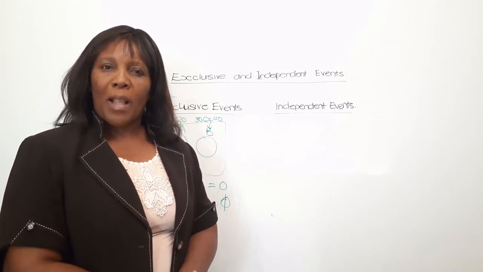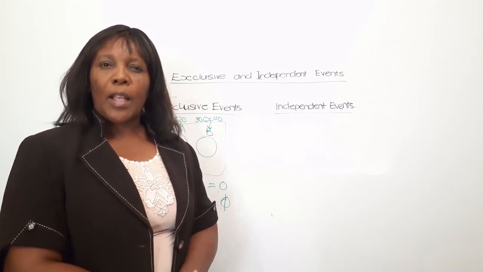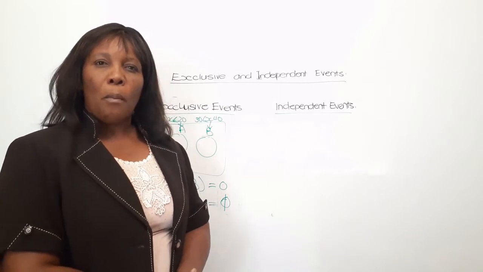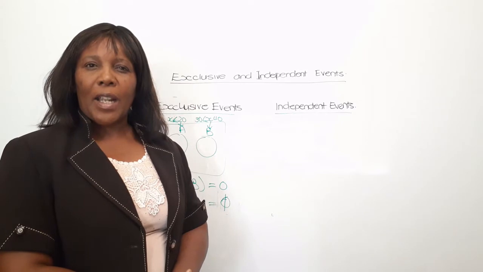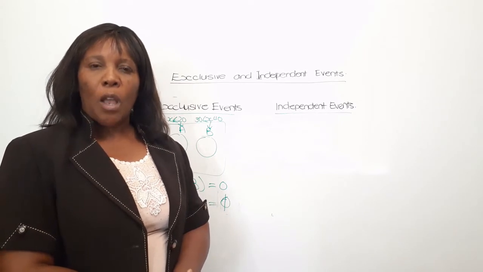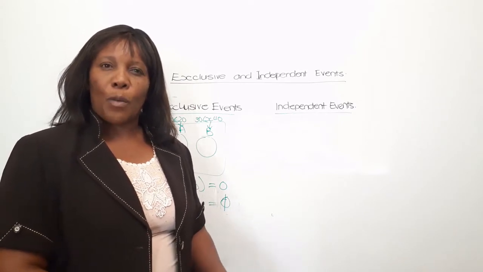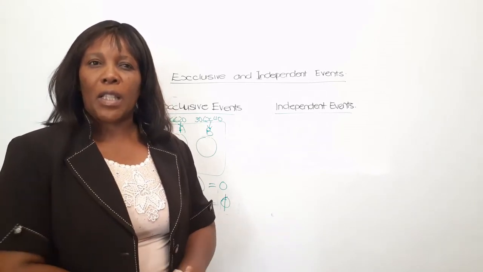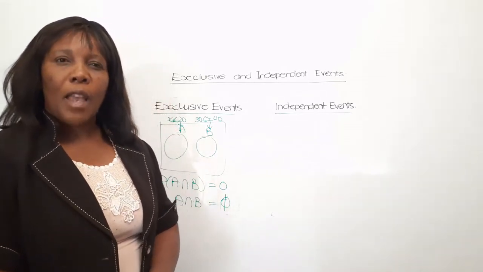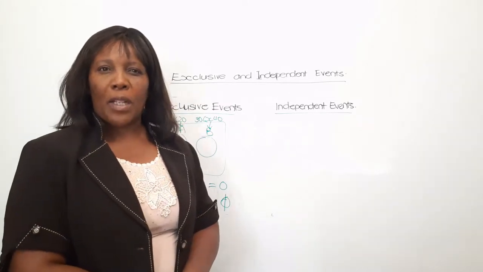If you are a normal mother, every pregnancy has a probability of boy a half and girl a half. Those are an example of independent events. What happened with your other 7 pregnancies does not affect the pregnancy that you have currently. Therefore, we call them independent events.